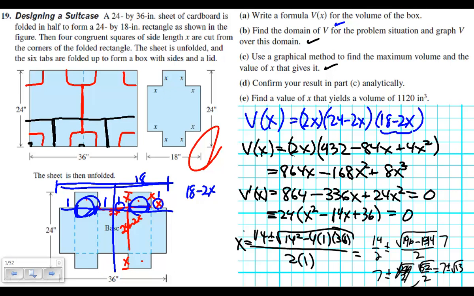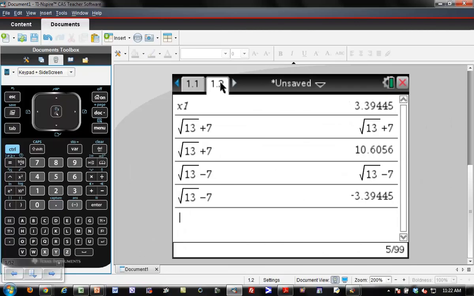So 7 minus the square root of 13, which is 3.394, positive 3.394. That is the value, and that matches what we got out of the graphical version. Nailed it.